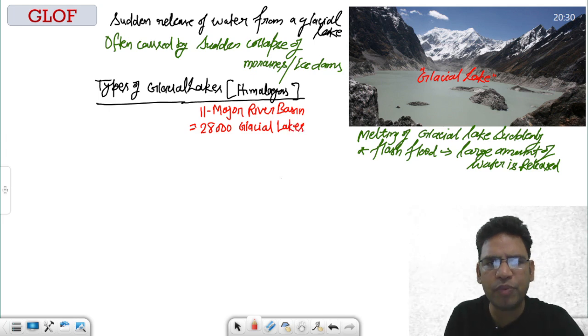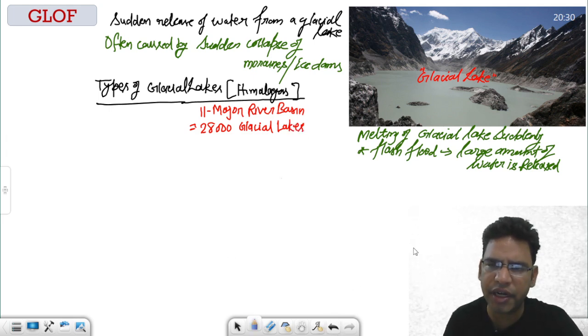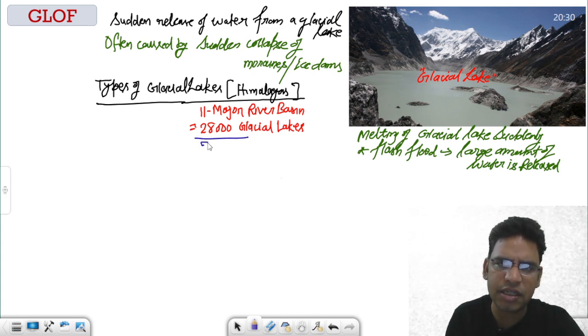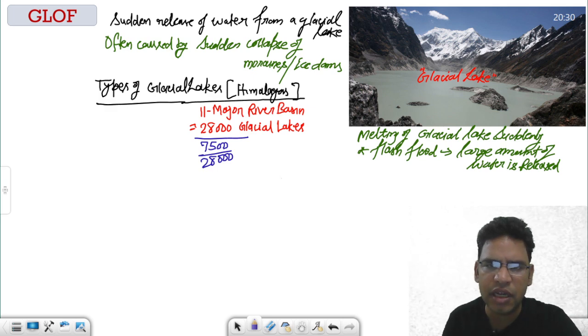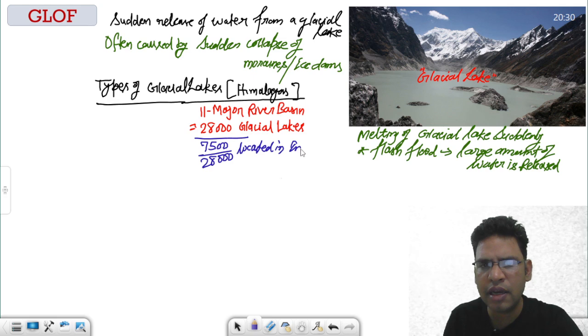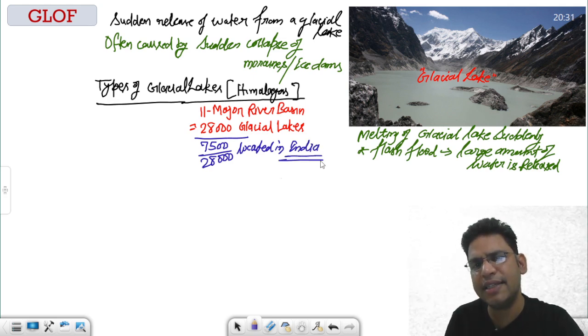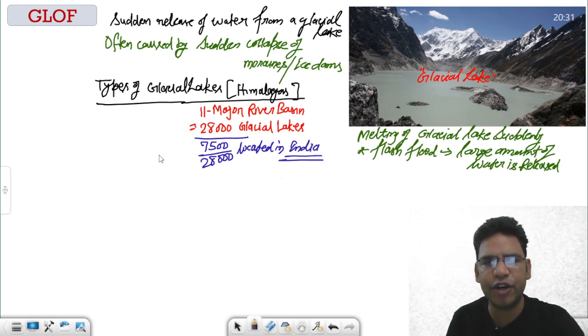Out of these 28,000, 7,500 are located in India. So you can now make sense of how much risk there is.